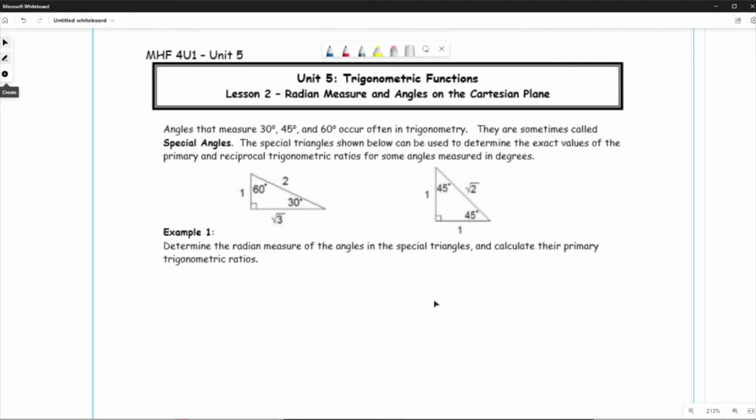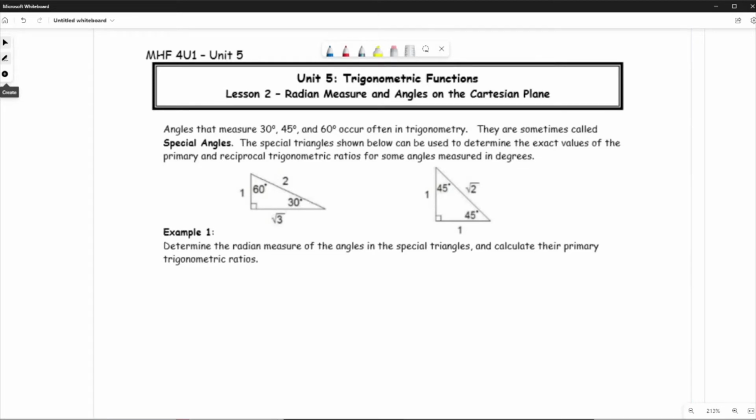We're going to start with something called the special triangles, which you can see there are two triangles whose trig relationships are fairly easy to know because the numbers on either side are not super complicated.